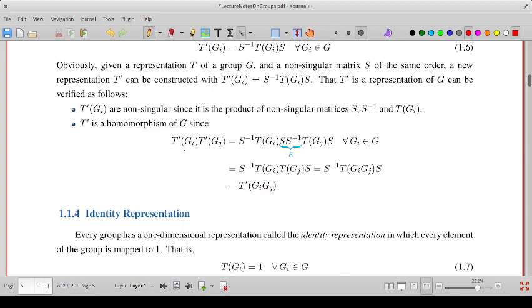So we have the result that T dash (Gi) times T dash (Gj) equals T dash (GiGj). So that shows that the mapping T dash is a homomorphism. So the matrices T dash (Gi) are non-singular, and the mapping T dash is a homomorphism, and therefore it forms a representation of the group. So these two representations T and T dash are equivalent representations.